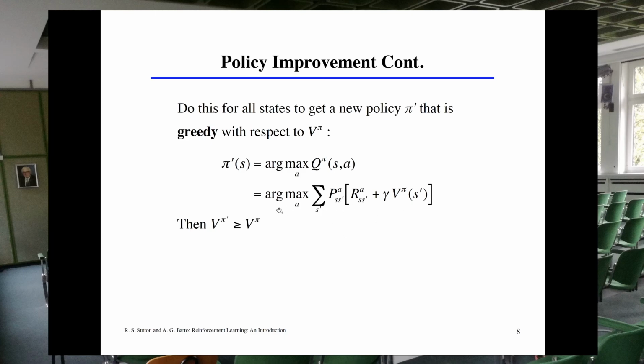So if you perform that for every possible state, then you will get a value function that will be larger or equal to the previous value function, because we have changed our policy. And this is what we call the policy improvement.